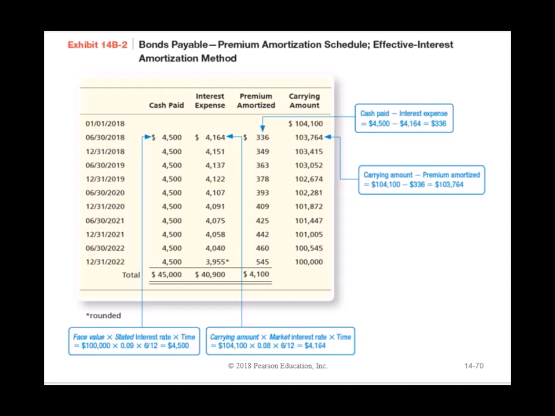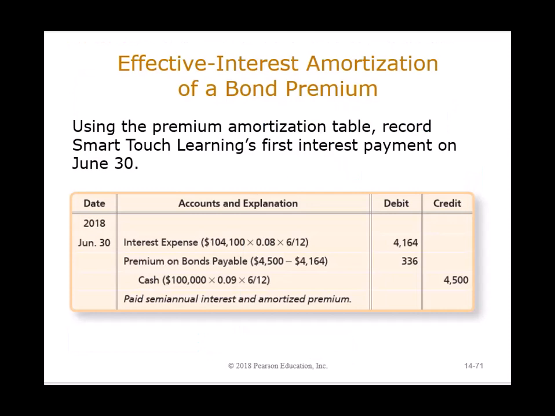By the time we get to the end of the term for the bonds payable, we should be back to face value. That will be true regardless of whether it's a discount or a premium. Once our discount or premium has been fully amortized, we should come back to that face value of $100,000 in this case.